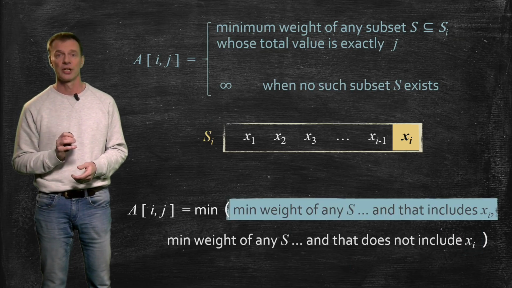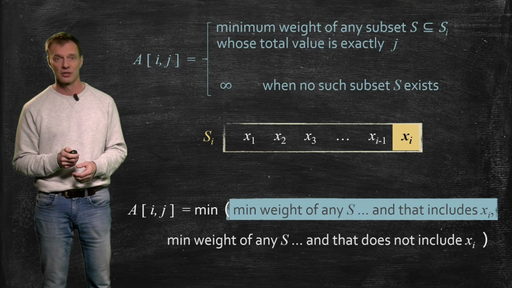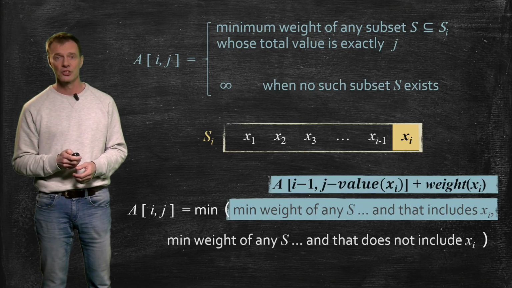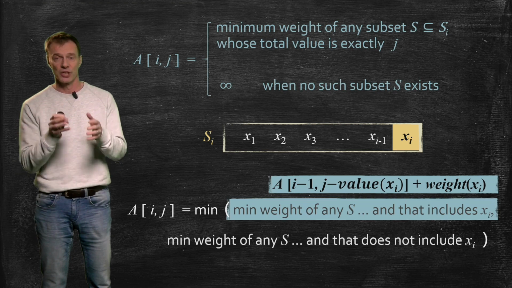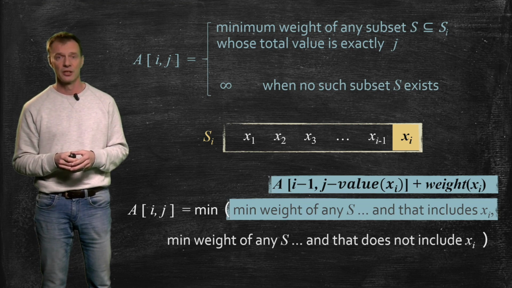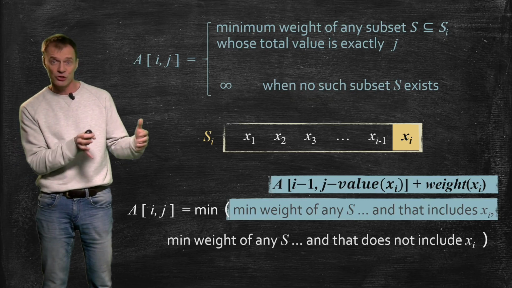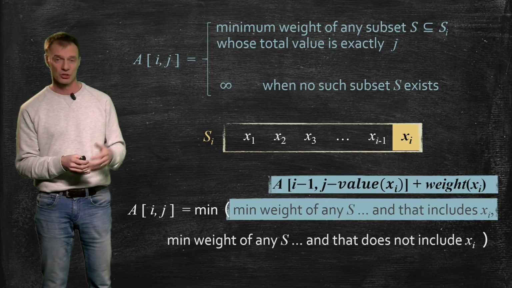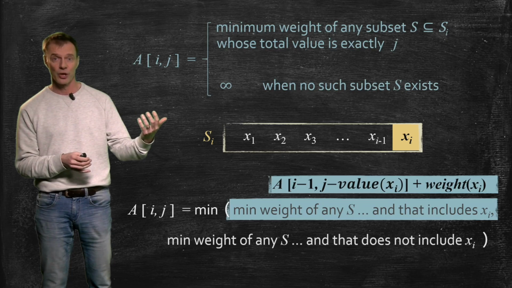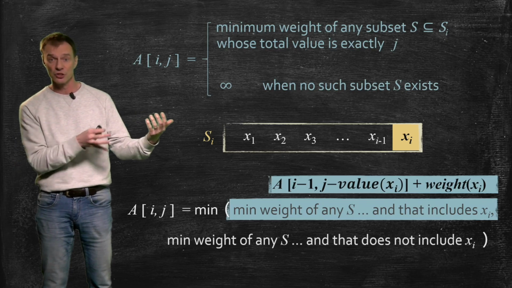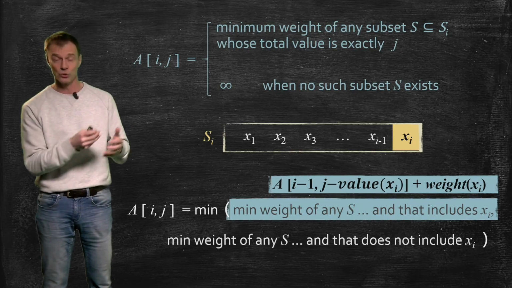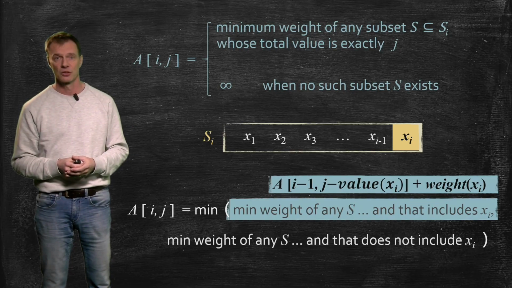Okay, let's look at the other case. Suppose we do include xi. Well, in this case, we include xi, so the remaining value that we must select from the first i minus 1 items is j, the value that we had to get in total, minus the value of xi, because we include xi in the subset.